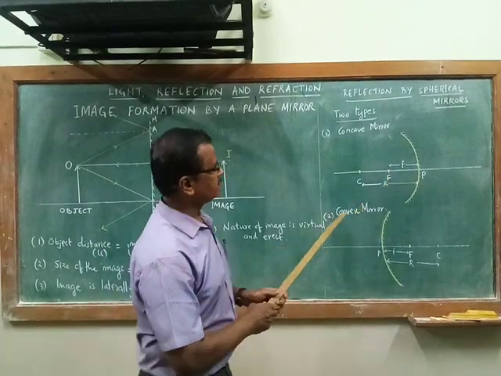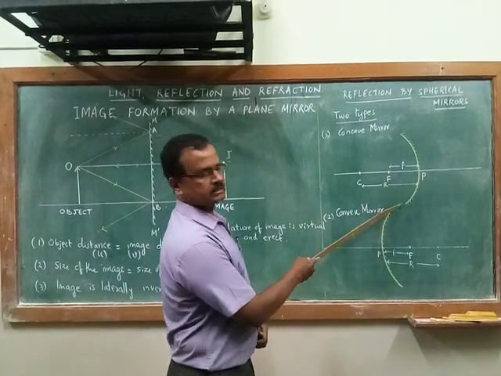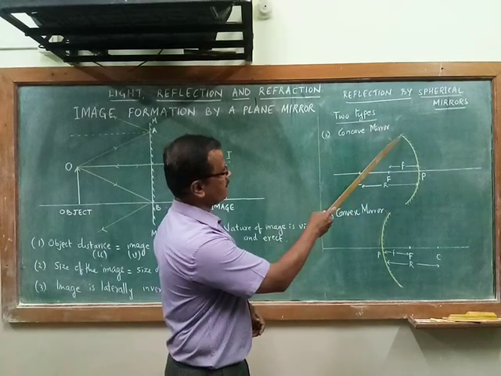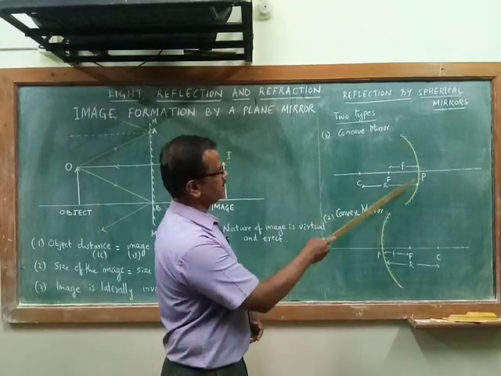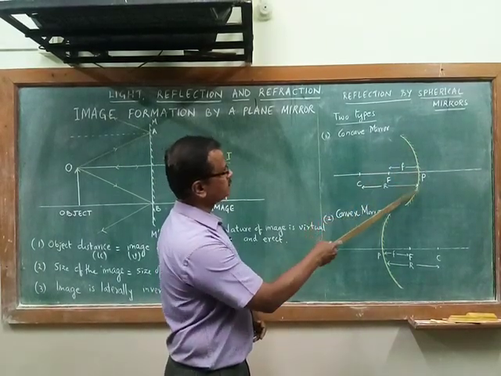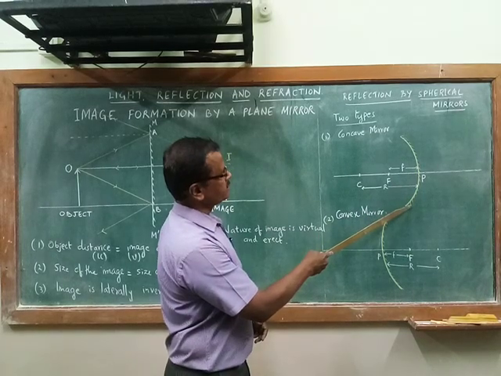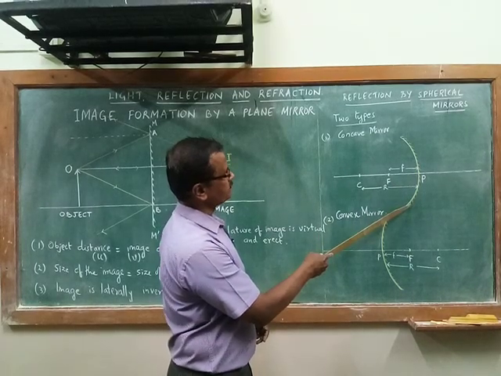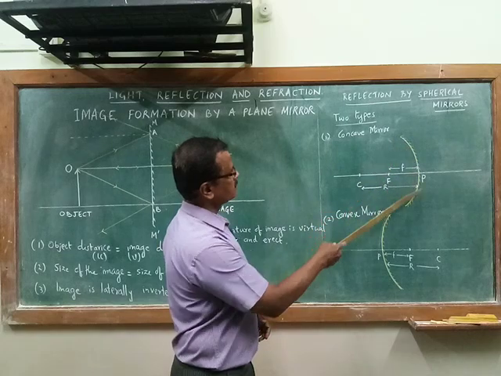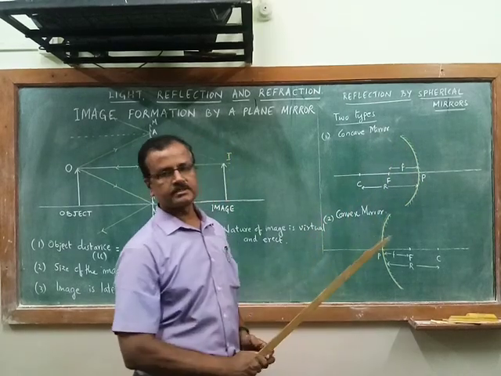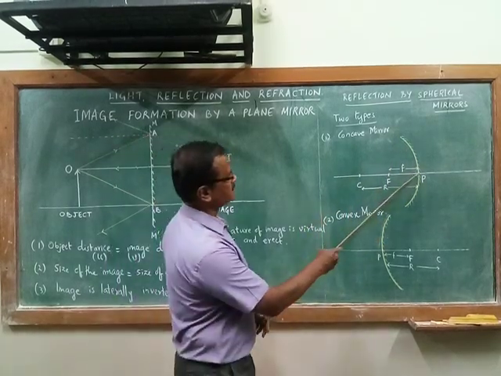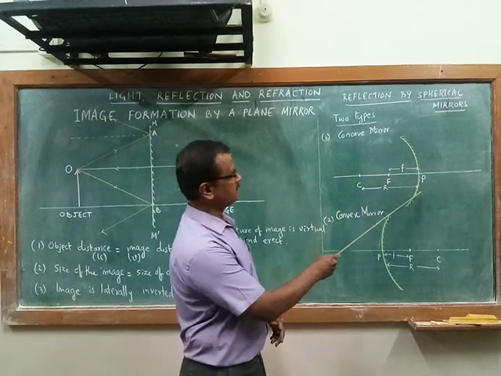Here you can see how a mirror is represented. It has a polished surface on one side and another rough surface, which is the silver surface. So one side is reflecting, the other side is non-reflecting.